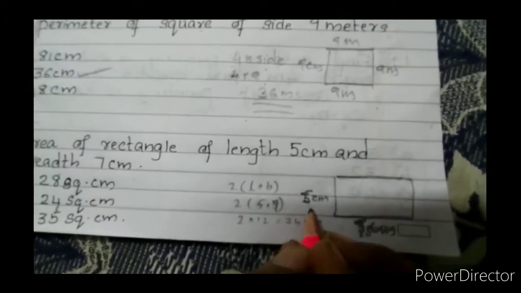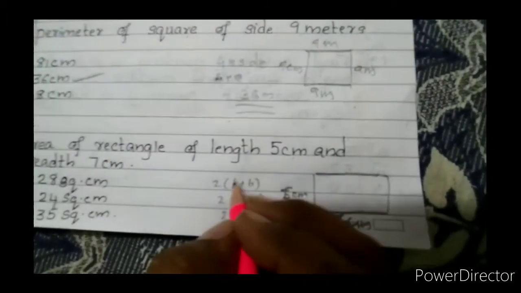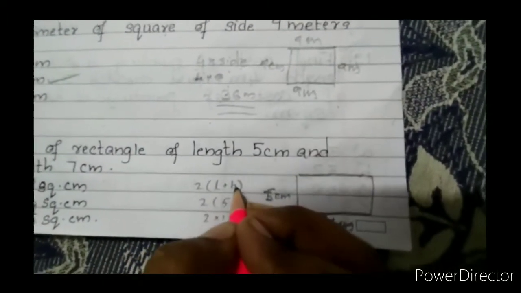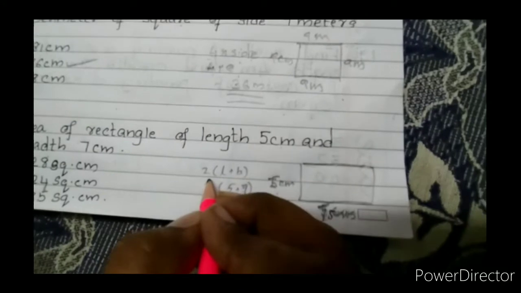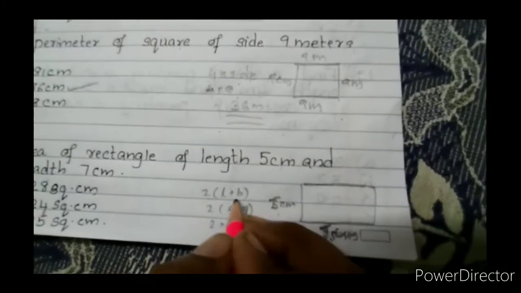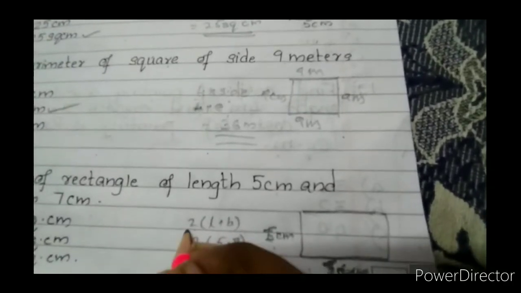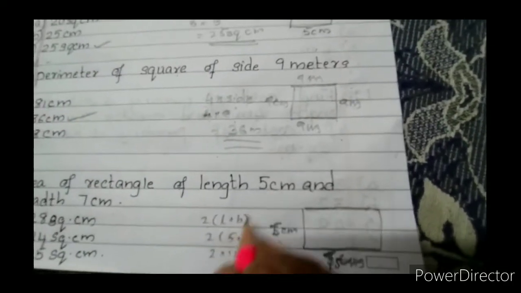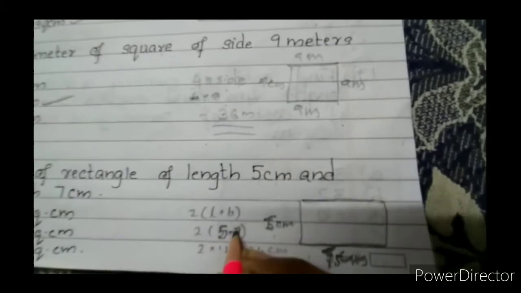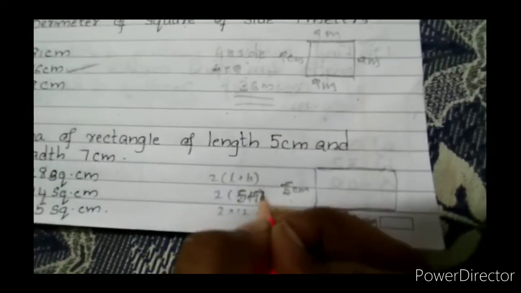Okay. The equation: 2 into L plus B. You have already studied this. L means length, B means breadth. 2 into length 5 plus breadth 7.